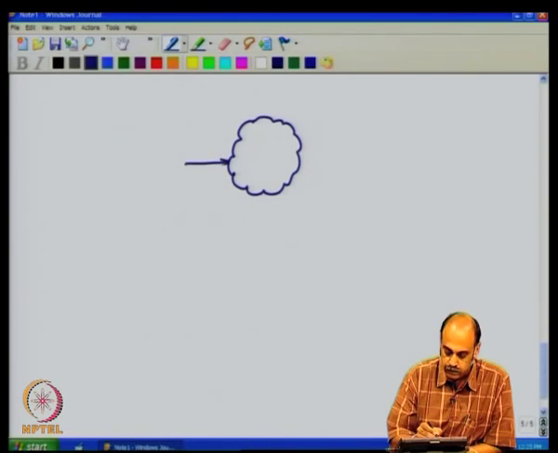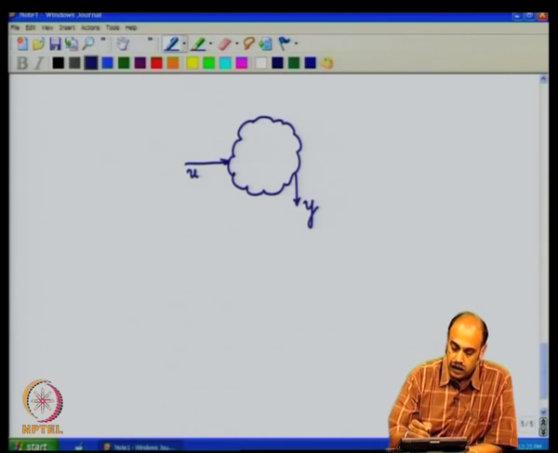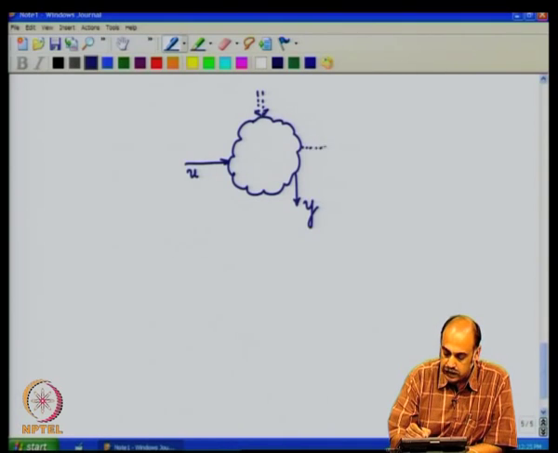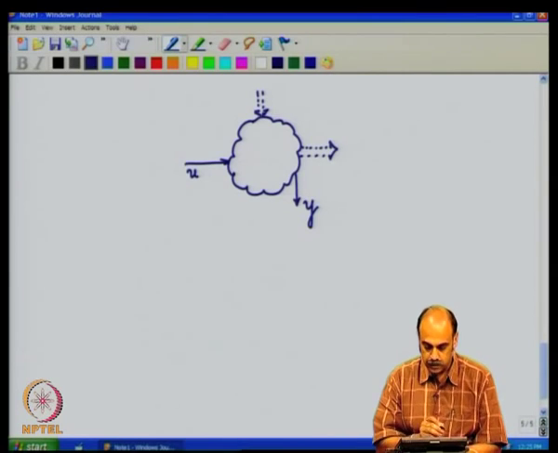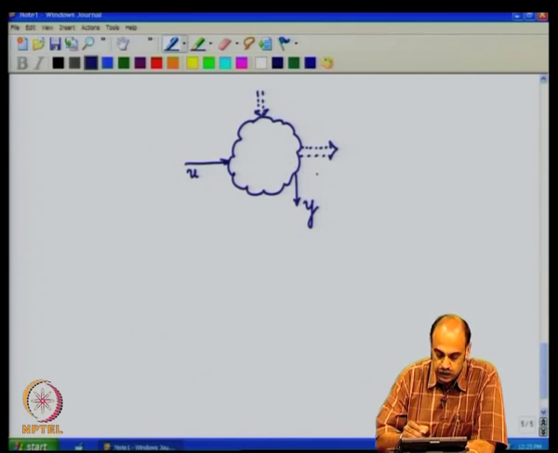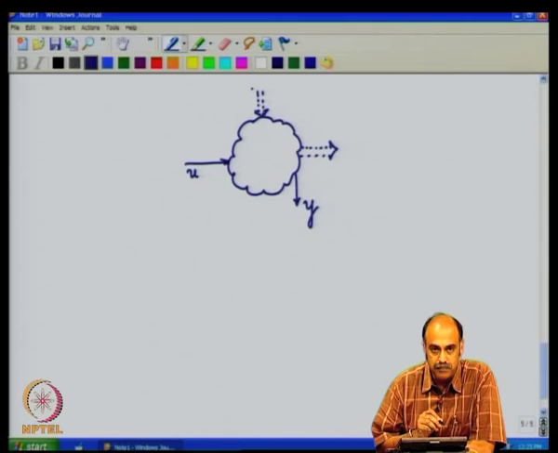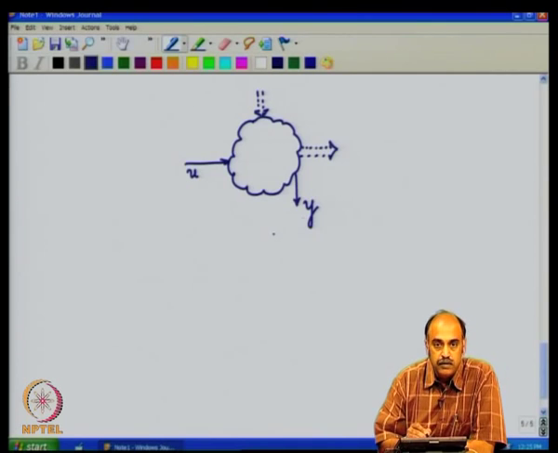we have a control input u and a controlled output y. I will not be writing this power input and the power output explicitly every time. It is understood that these two ports are there, but to make the discussion faster, these two will be understood to be present in the plant, and I will be using only u and y from the control point of view.